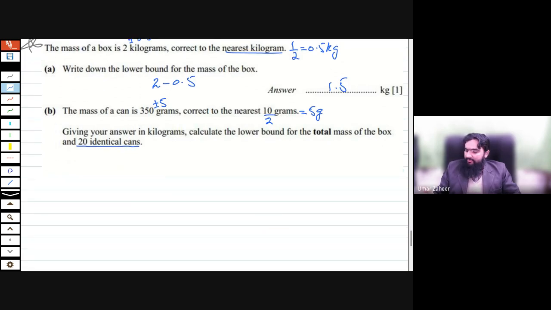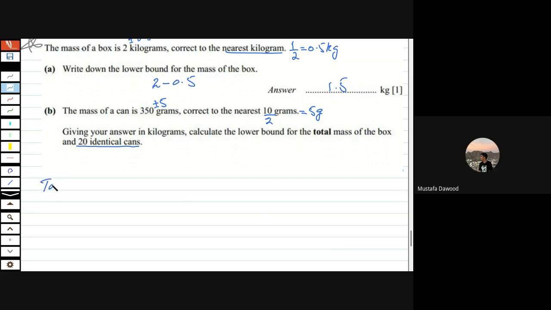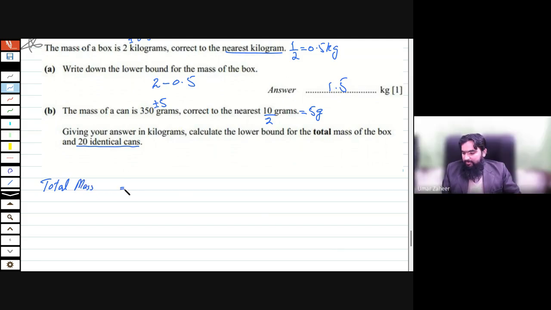So first of all, we have to find the total mass. Forget about the bounds. Just tell me the general situation. Total mass is equal to the mass of box plus 20 multiplied by the mass of cans, because we have 20 identical cans.